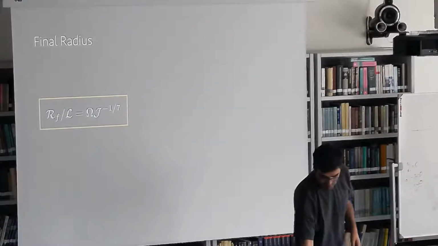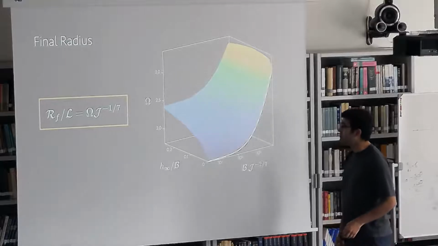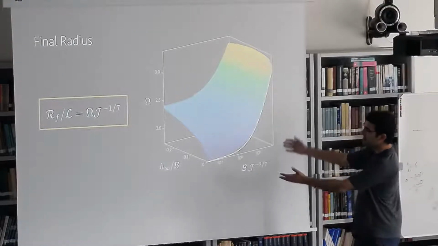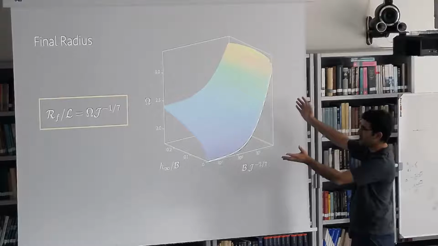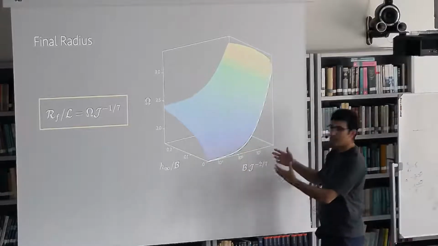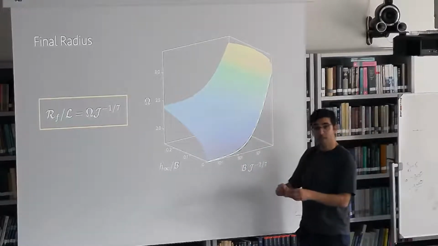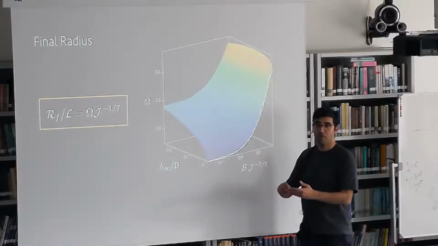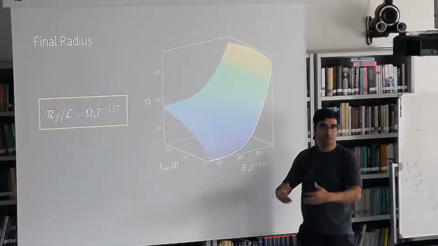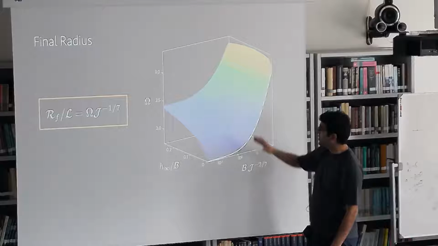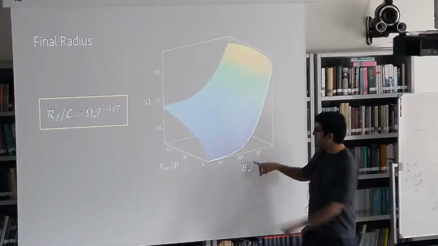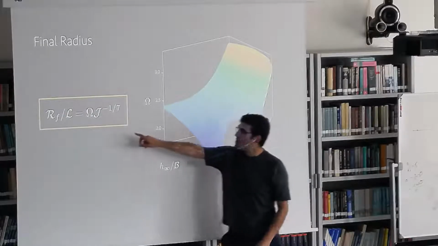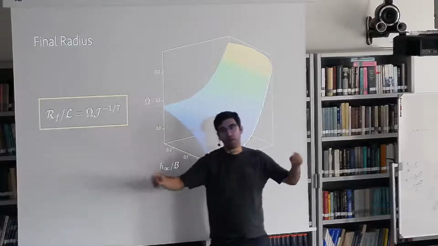So you can run, I don't know, 1 million of these numerical solutions, and that's the result that you get. Now this is like a readout table for you. If you know what H infinity is, what the Bond number is, and what the plastocapillary number is in your system, in your 3D printing or whatever system, you can come here, put the numbers there and find your omega. So if you know your volume, you know the final radius.